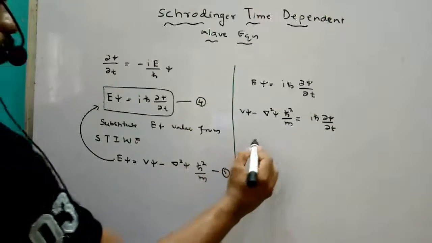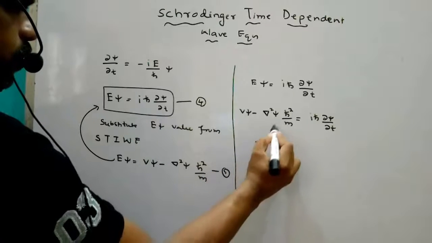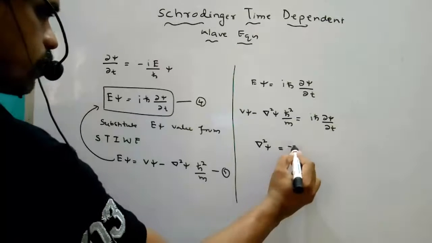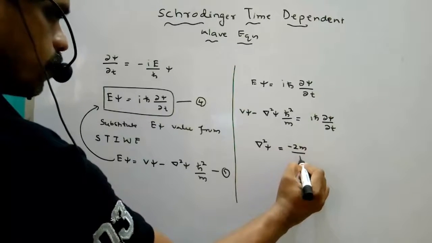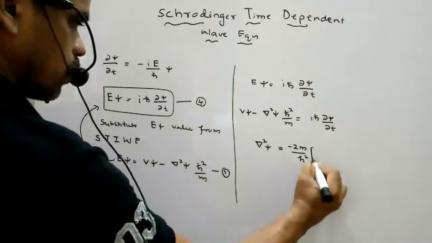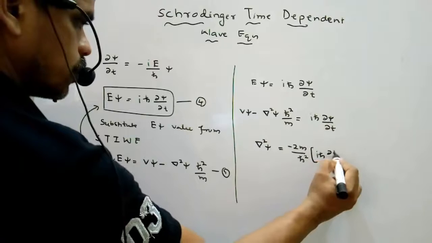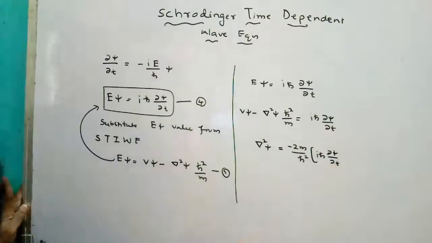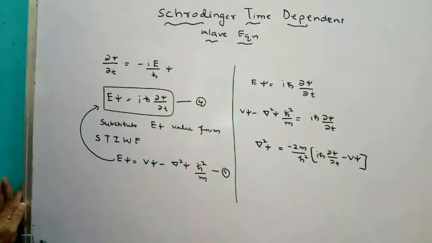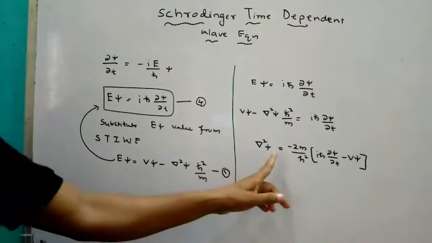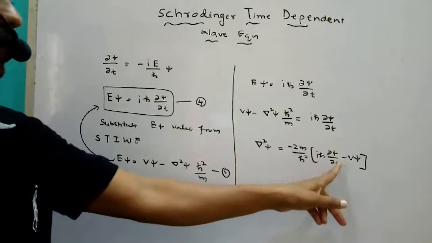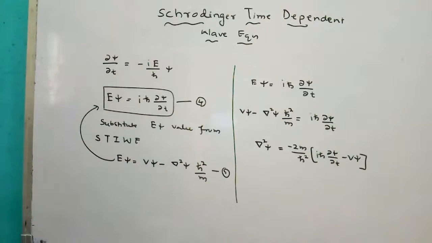So finally, if you solve this one, del square psi equals minus 2m by h cut square of i h cut dou psi by dou t minus V psi.